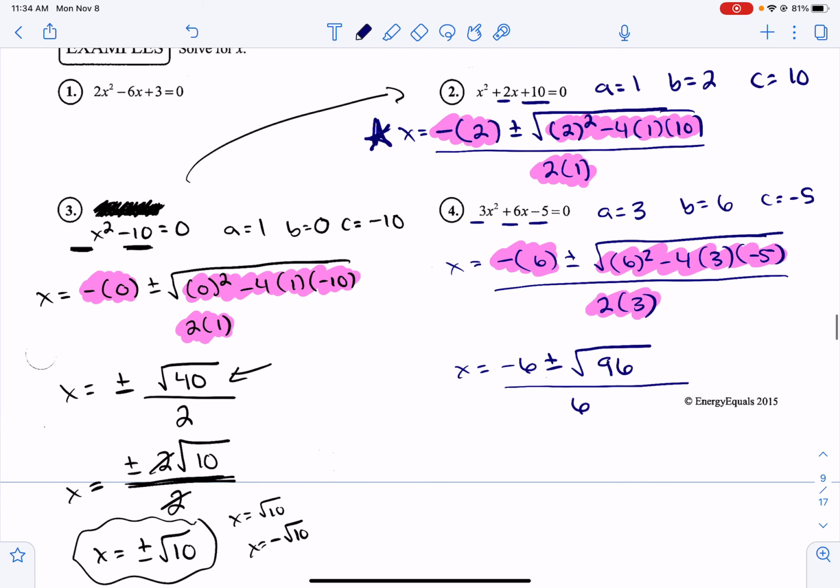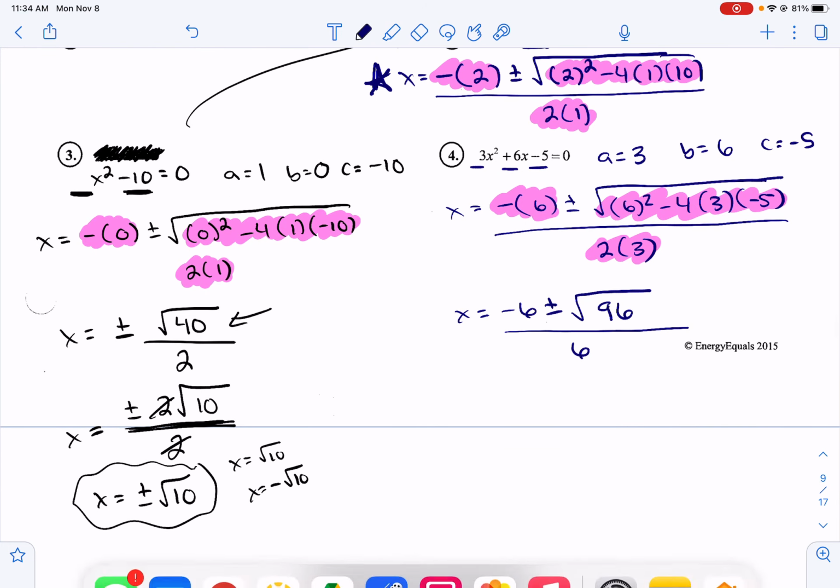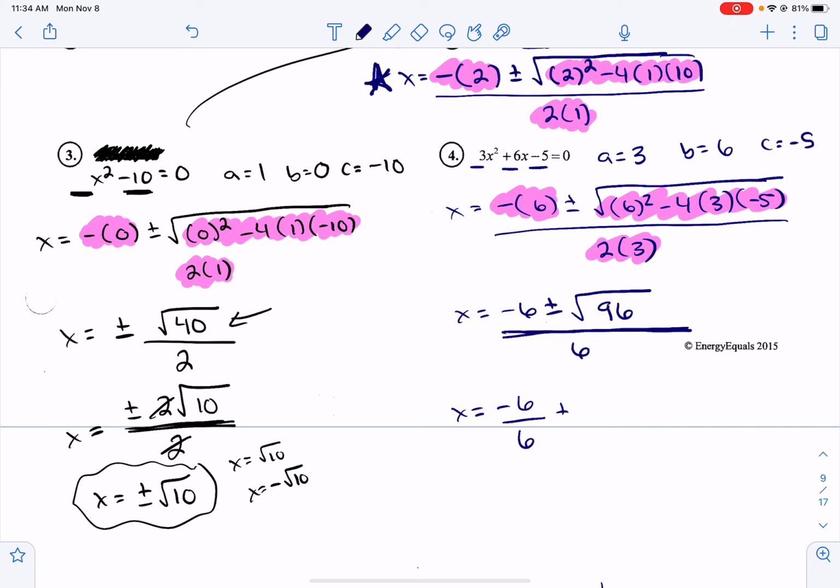So we're going to have to split this up into 2 different problems, right? X equals, well, we're going to have to split the problem up into 2 different numbers. Negative 6 over 6 plus minus. Now let's look at this piece right here. 96 breaks down to be 2 times 48.